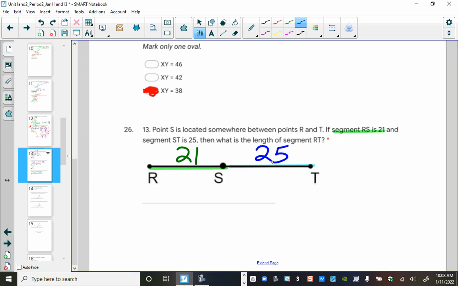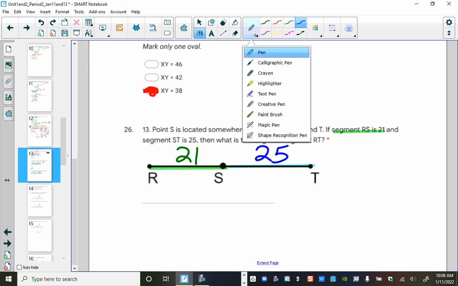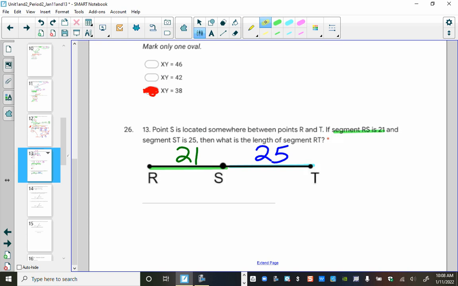R to T. It's the entire thing. You know, R to T goes the whole way across. We didn't want the entire one. Well, what are you going to do with the 21 and the 25? Just add them up. RT is just going to be the sum.